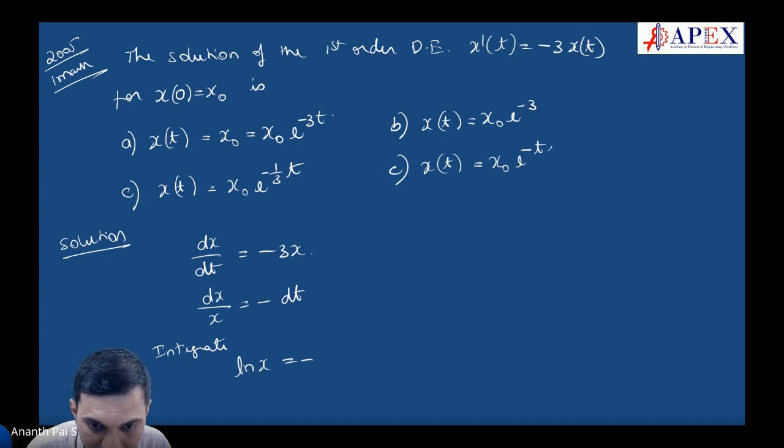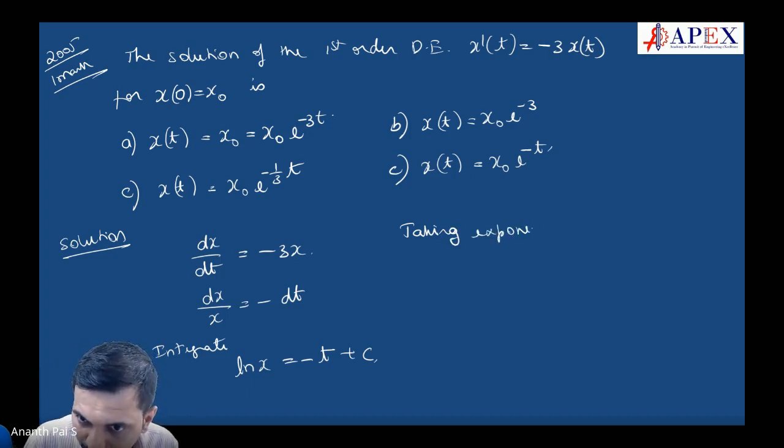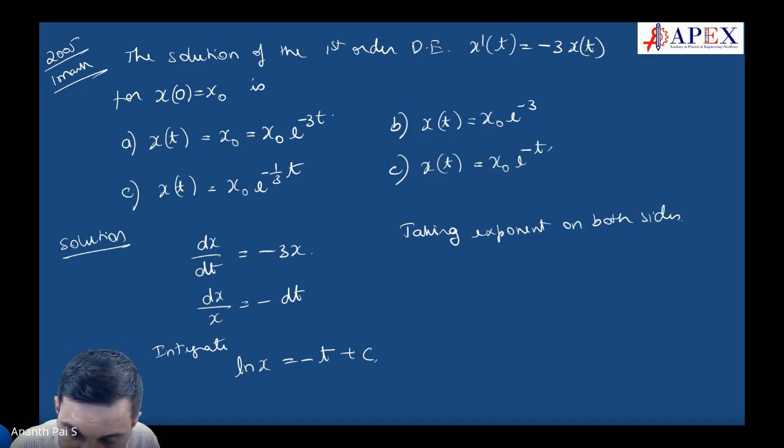So minus 3t plus a constant, right? Taking exponent on both sides. What do we get when I take exponent on both sides? You get e power log x is equal to e power minus 3t plus c, correct?